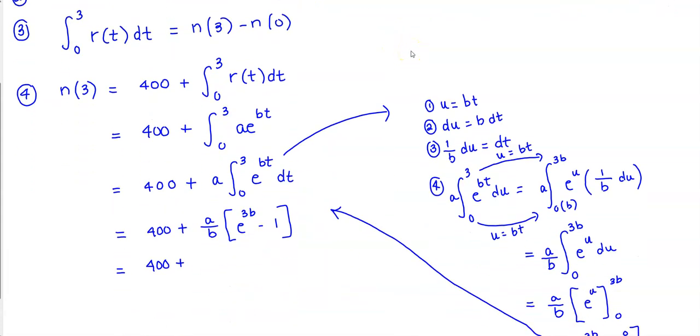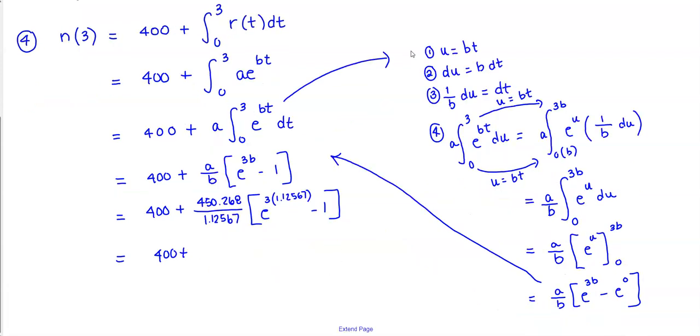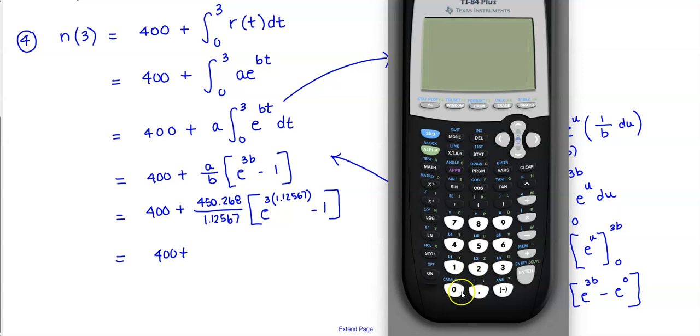So we have 400 plus 450.268 divided by 1.12567 times e to the power of 3 times 1.12567 minus 1. We're going to put this in our calculator and find out what this result is.